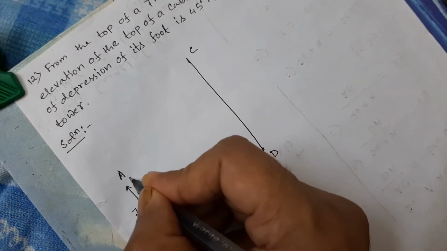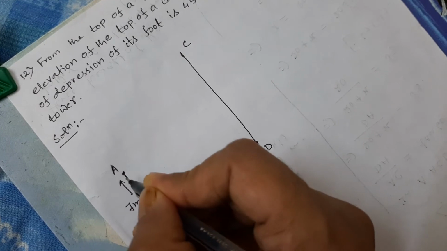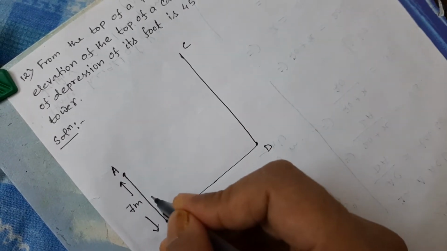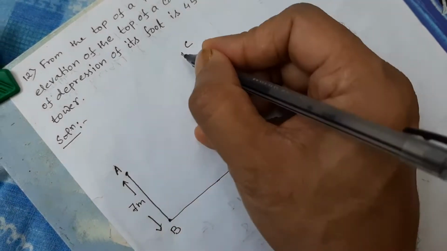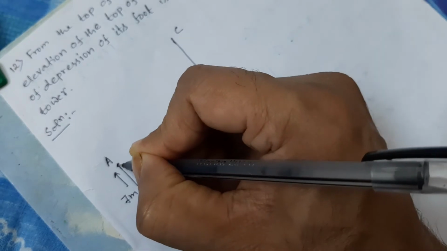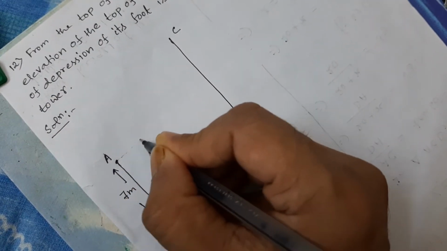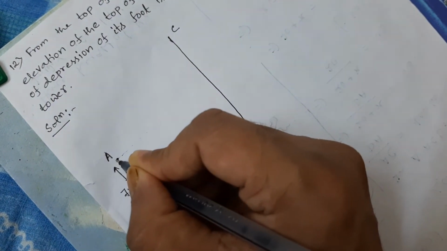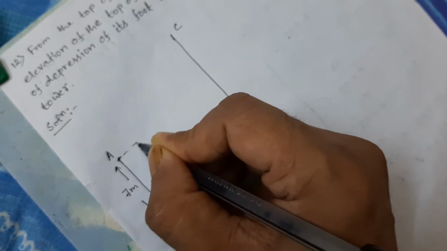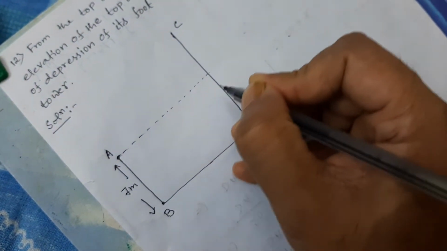So from this point A, the top of the building, to the top of the cable tower, that is point C, and this is the line parallel to BD.